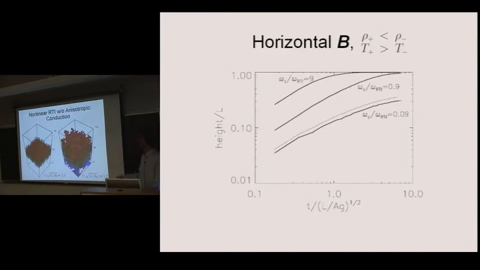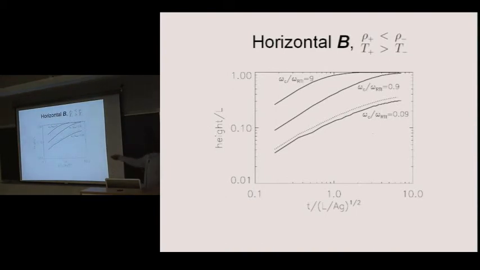Okay. So now I'm going to show what happens when you include conduction. This is what happens when you have a horizontal initial magnetic field and a Rayleigh-Taylor stable contact discontinuity. In this case, there's no instability, so you would think that the height would stay close to zero for the entire simulation. However, these simulations show that the height is actually increasing, and that's due to numerical issues.